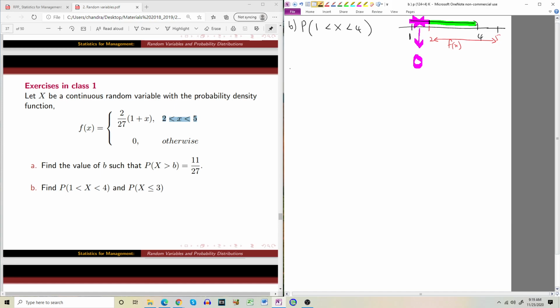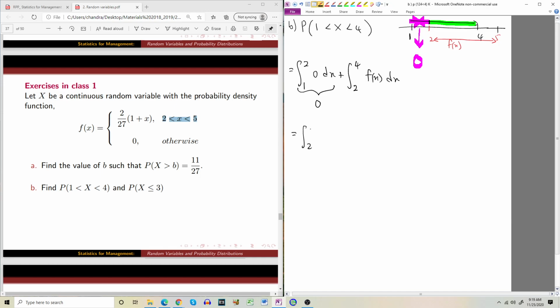How are we going to split this? From 1 to 2 the function is 0. Only from 2 onwards it starts from the function where we can define here like this. So this automatically becomes 0. You can ignore that.